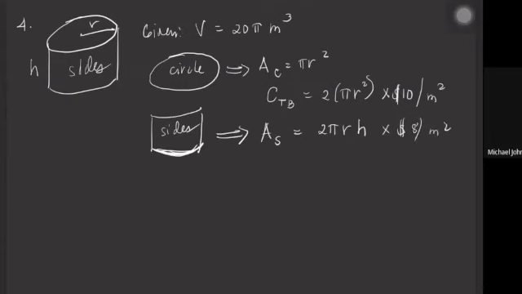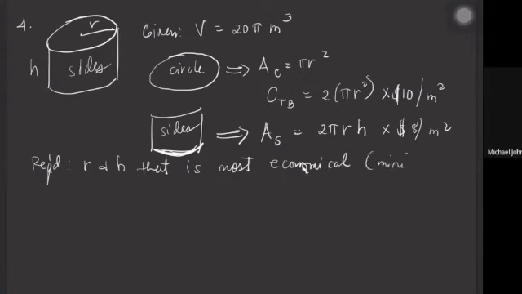Therefore, the total cost of the material, what is actually required, is to find the radius and the height that is most economical, meaning minimum cost.